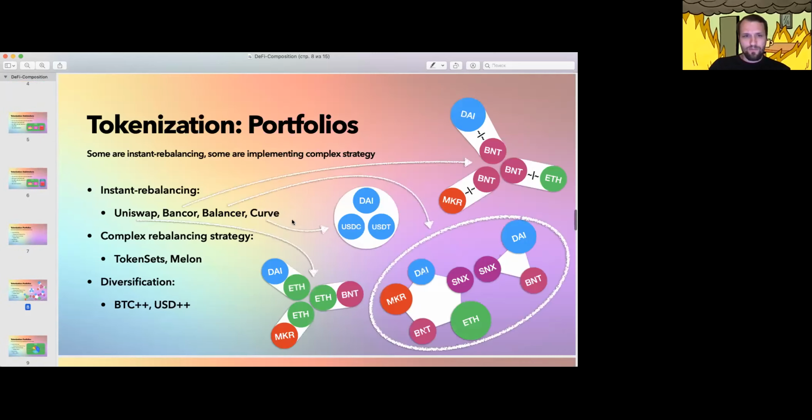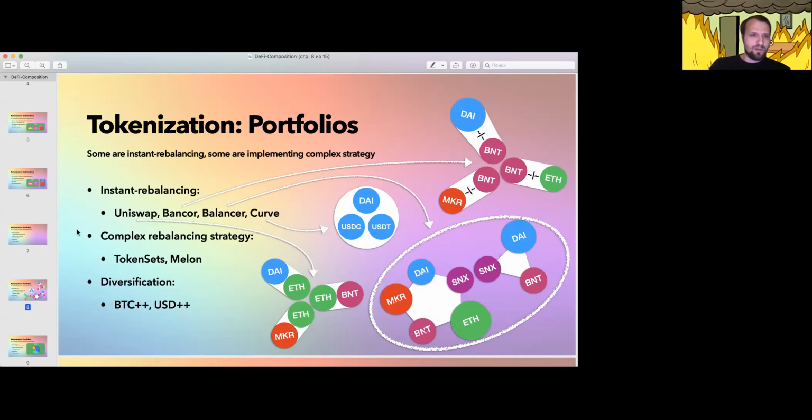Yeah. So I have a slide about instant rebalancing portfolios. I have a similar slide in my DEX presentation, because instant rebalancing portfolios usually work as DEXs on their own. They are like automatic market makers. And you can look at them as portfolio tokens, which somehow manage your portfolio.